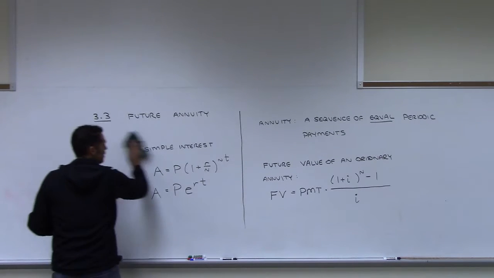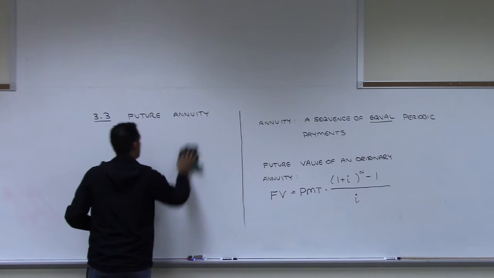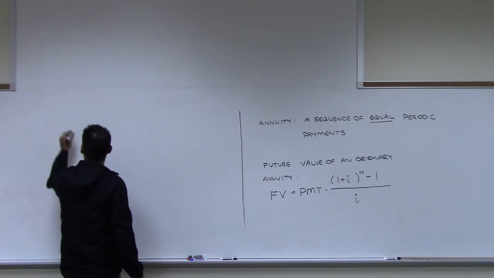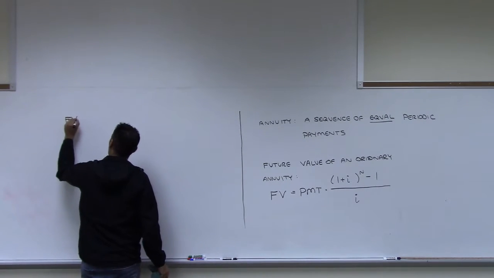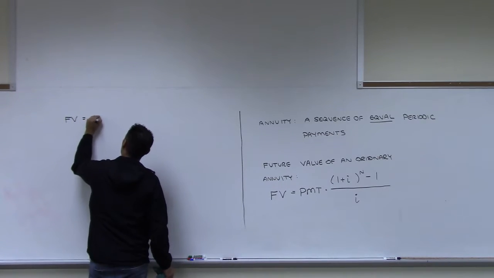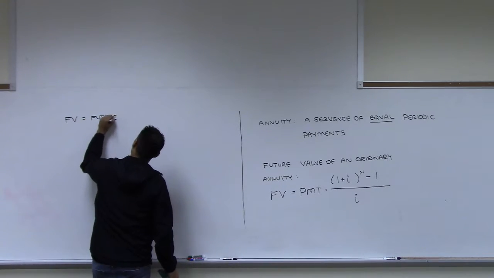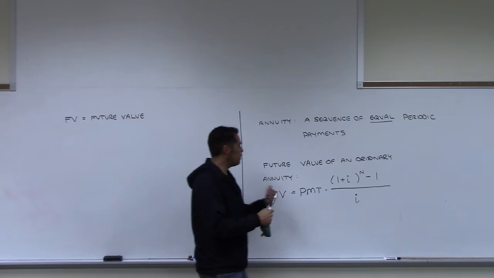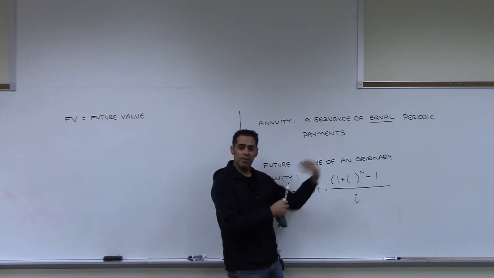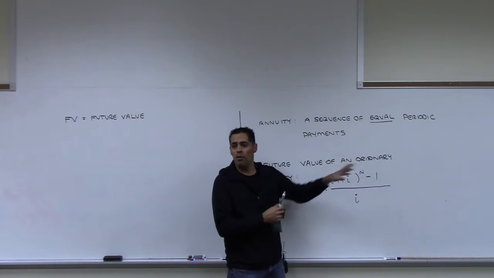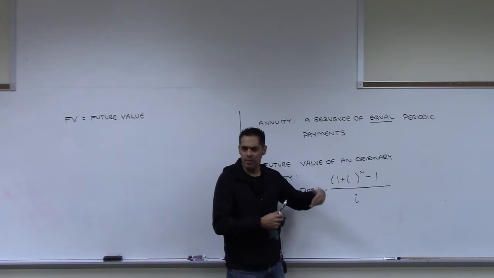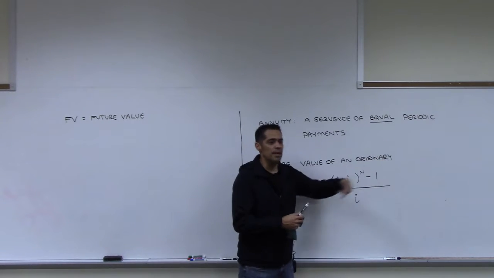All right, so let me describe everything that is in this formula. FV stands for the future value. So what we're doing with this formula is we're trying to predict the value of something somewhere down the road, maybe 10 years from now, if we keep making payments on something or if we keep putting a certain amount of money into the bank.